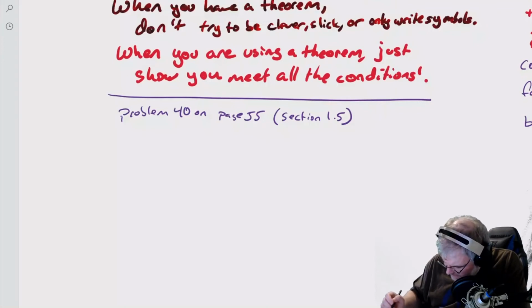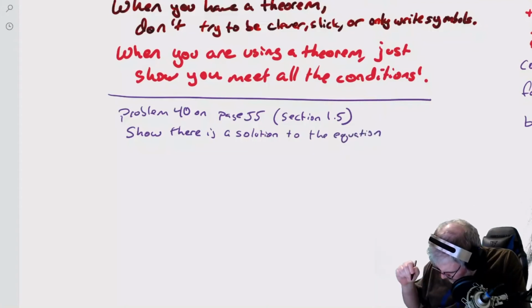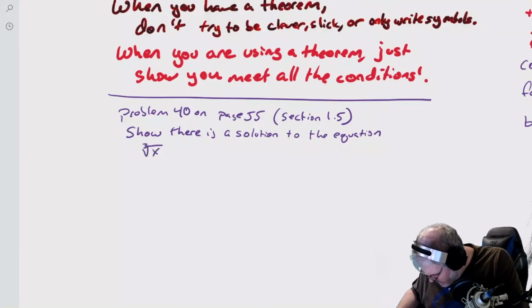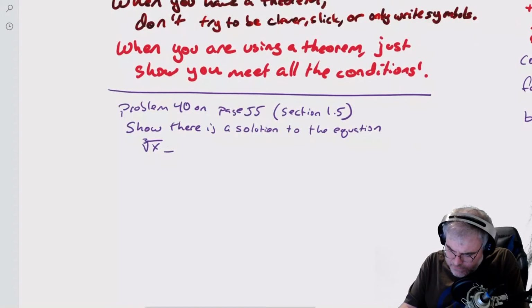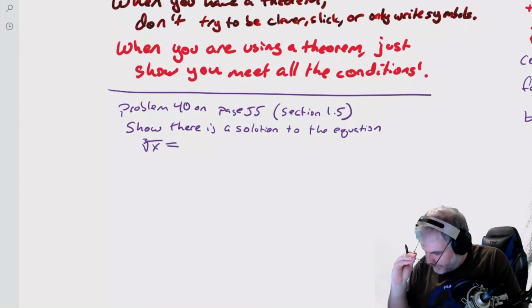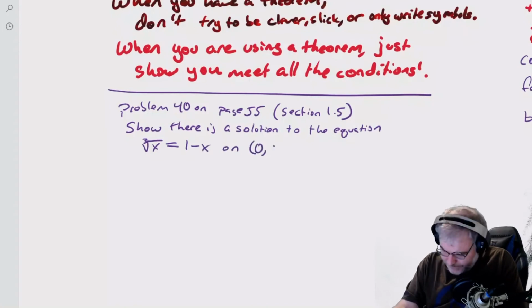It says show there is a solution or a root to the equation the cube root of x equals 1 minus x on the interval 0, 1.